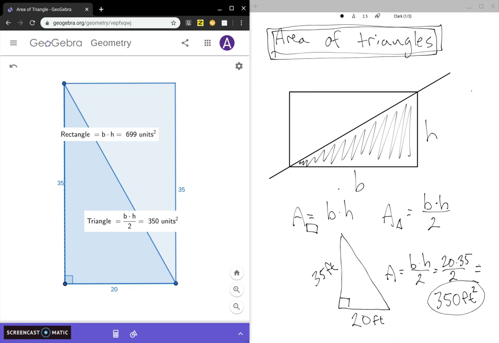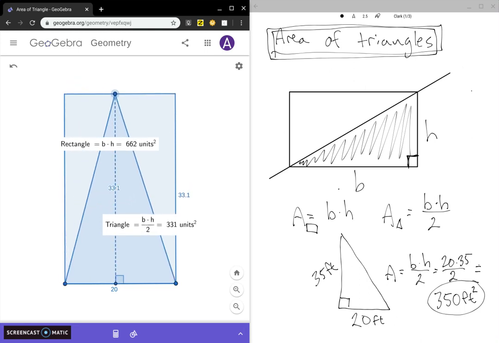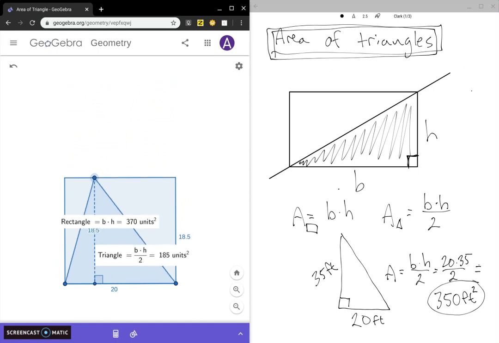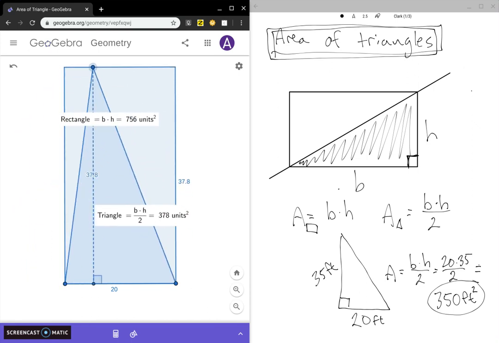Now, I said we were going to talk about different triangles. Everything we've talked about so far were right triangles. So that was a right angle here since we were in a rectangle. But this is true even for different triangles, acute triangles, obtuse triangles. And let me show you this animation. I can move this interactive diagram around to create whatever triangle I want.